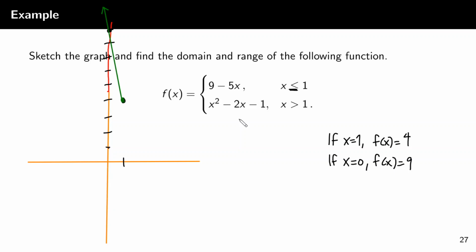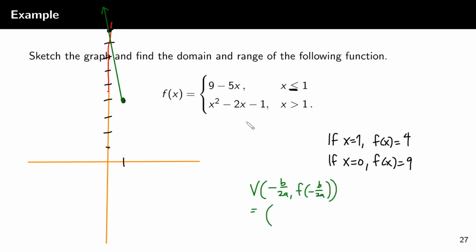Now, when x is greater than 1, it will be part of a parabola. So, parabola ito. Now, let's find the vertex of this parabola. The vertex of the parabola is at negative b over 2a, then f of negative b over 2a.